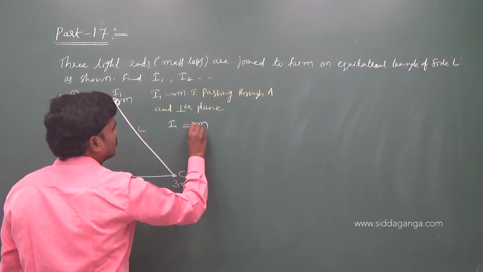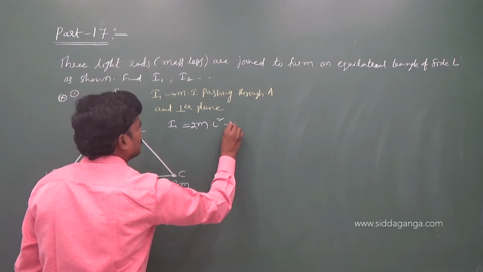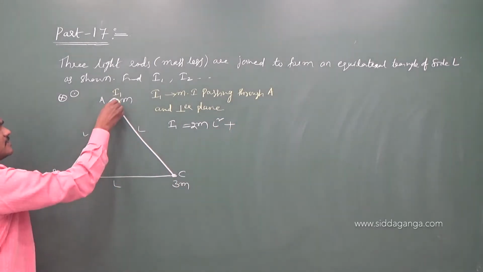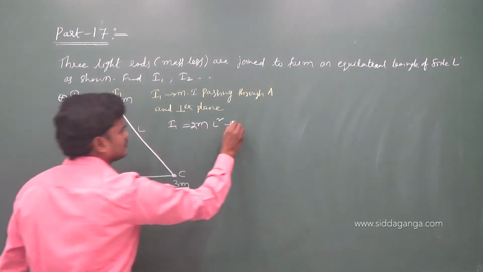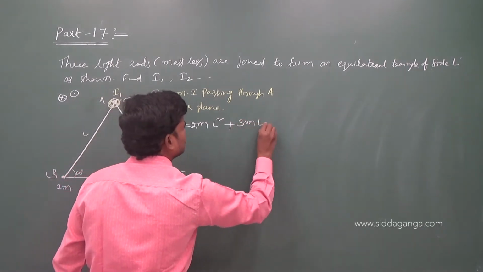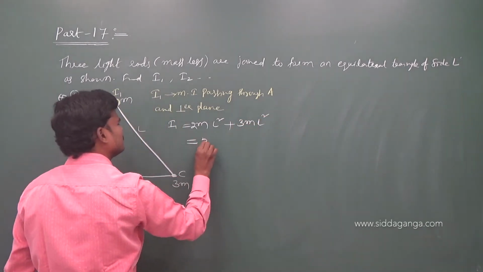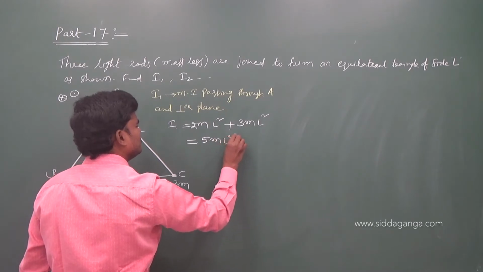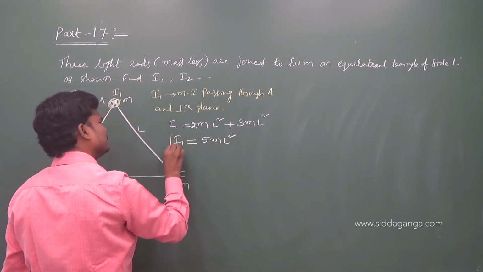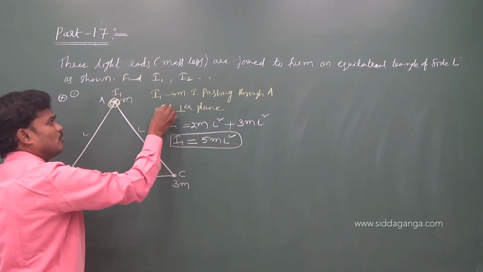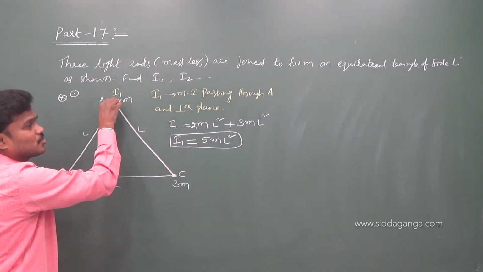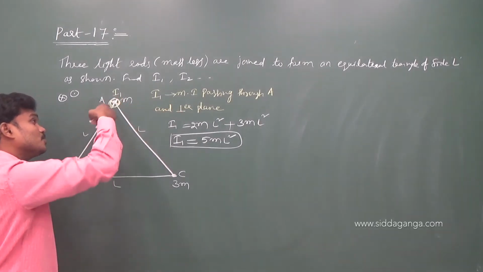So 2m L square. Got it? 2m L square. And what about this one? 3m L square. What is the answer? 5mL square. This is the moment of inertia about A, passing through A perpendicular to the plane.